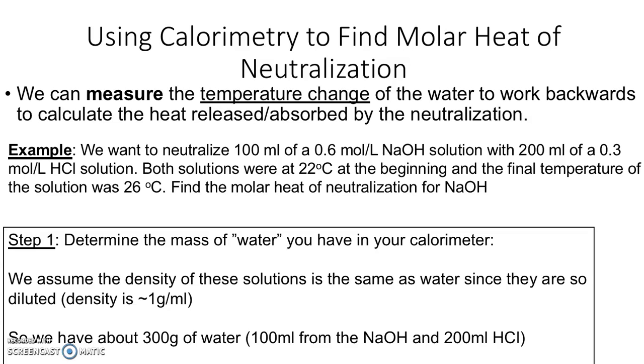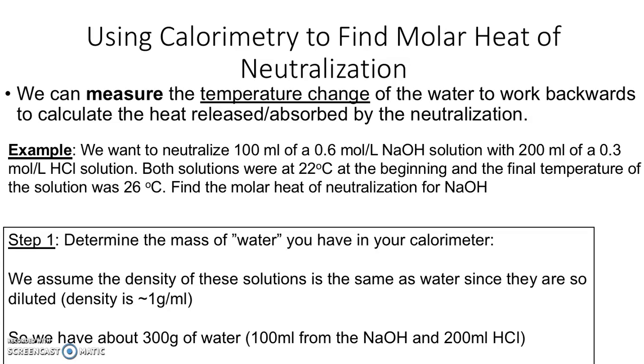If you have 200 milliliters with a density that's about 1 gram per milliliter, that's 200 grams of solution there. Now, since we're taking both those solutions and putting them into a calorimeter, the total calorimeter is going to have 300 grams of liquid water before the reaction starts.